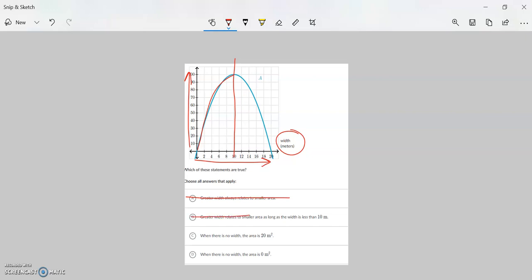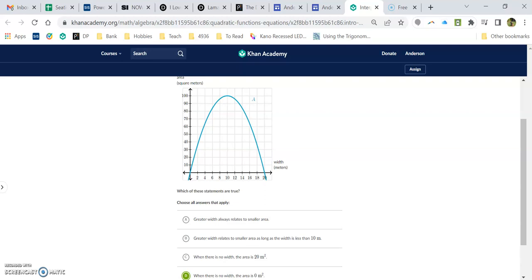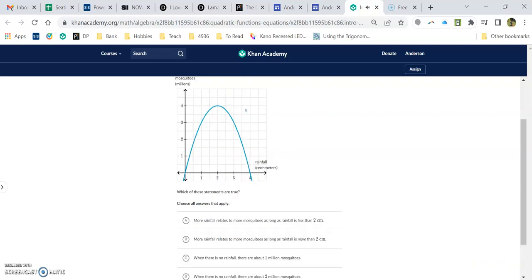That's also wrong, because our area keeps increasing until we get to 10. When there is no width, the area is 20 meters squared. So here's no width. We have 0 area. So when there is no width, the area is 0. So it's only B here. Let's hope. All right, one more.